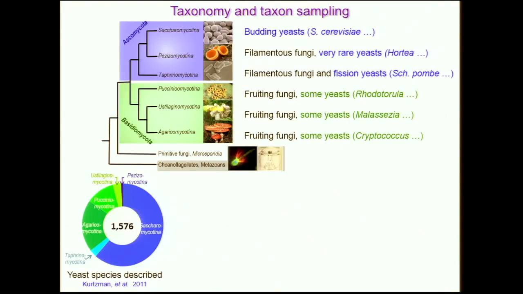In addition to that, there is another group of yeast, and we just had a talk on Pombe, but there are few yeast from this group, and there are yeast in the basidiomycete group, mostly in these two basidiomycete subgroups, Pucciniomycotina and Agaricomycotina. So yeast are not monophyletic.